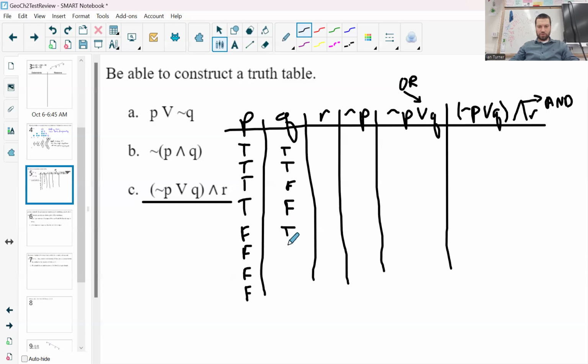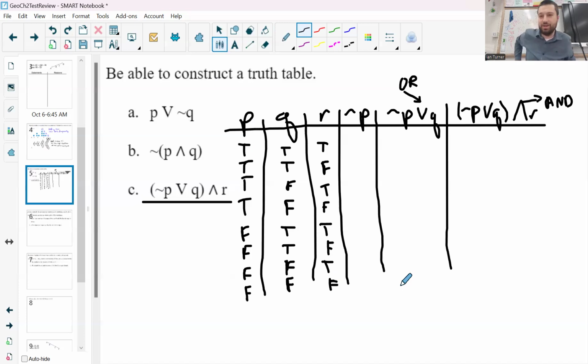Two trues and two falses. And then lastly, we alternate every time. So we're going to go true, false, true, false. And that will give us every combination of true and false for the truth table, right? We go from all true to all falses and everything in between. That's why we do it like that.